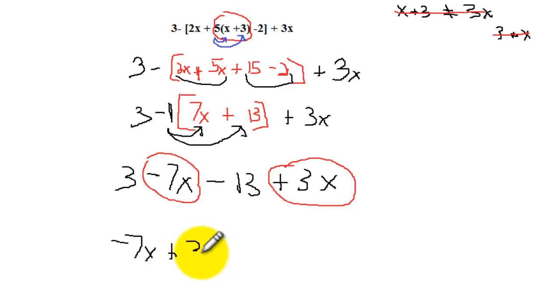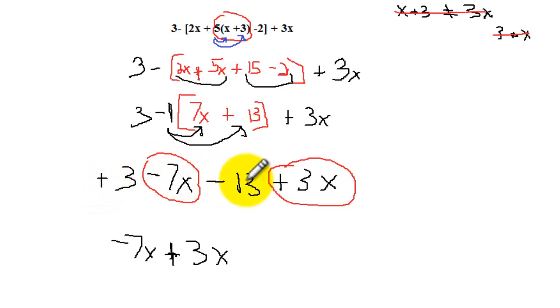Once again, when you get used to carrying along the sign that's next to your coefficient, it just helps you to keep track of everything. Here it seems maybe like overkill, but it'll be very important when you're doing more complicated problems. And this 3 is a plus 3, because if there's nothing in front, it's always plus.